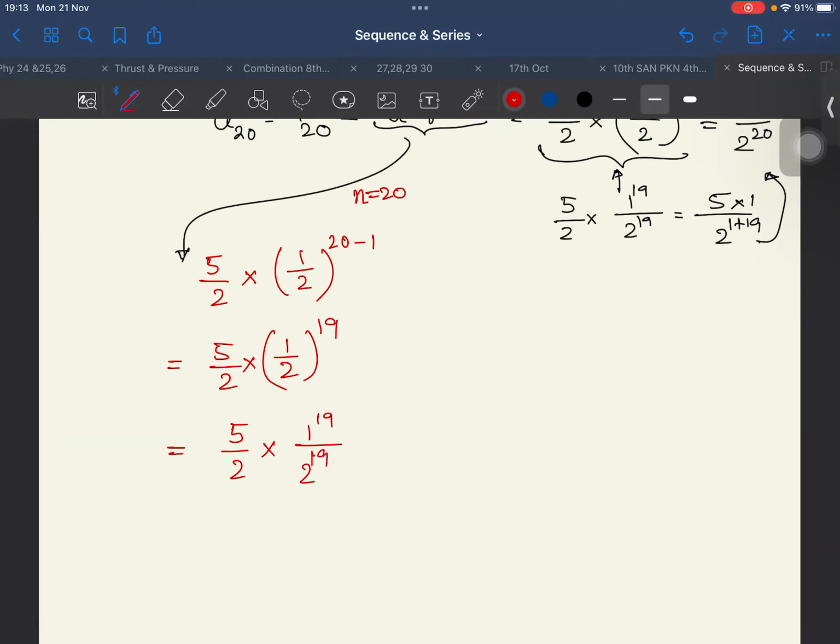Can we write like this? Yes, because both are real numbers. If this is (p/q) to the power of 19, you cannot write p to the power of 19 upon q to the power of 19 unless p and q are real numbers. So p and q must belong to real numbers. You have to understand this part.